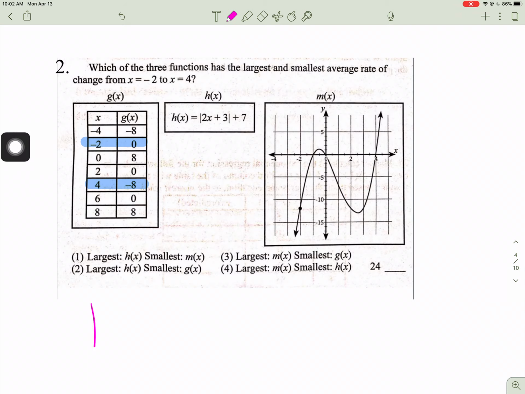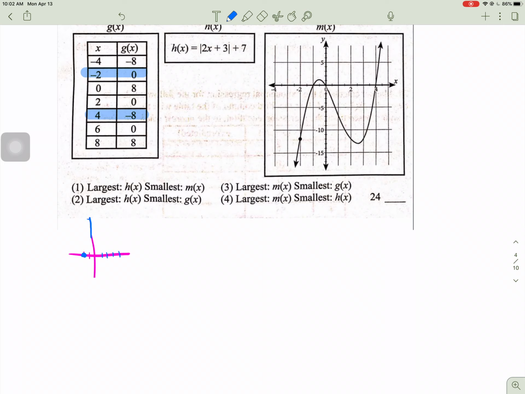So -2, 0, somewhere like here, and then 4, and then 8 somewhere up here, and it says find the slope between those 2 points. So how much has y changed? Y has gone from 0 to -8, somewhere down here. So you want to find the slope between these 2 points.